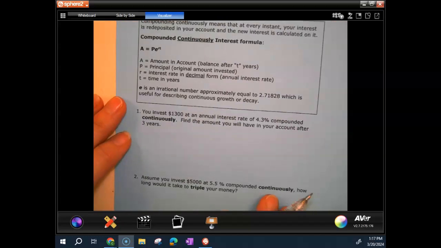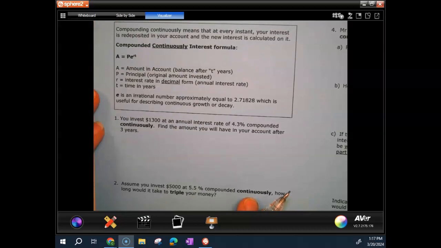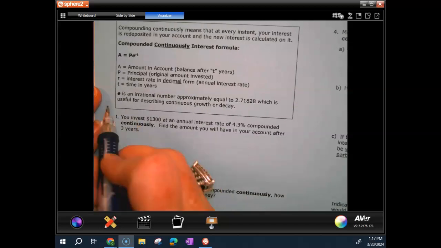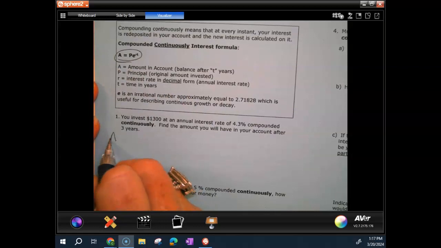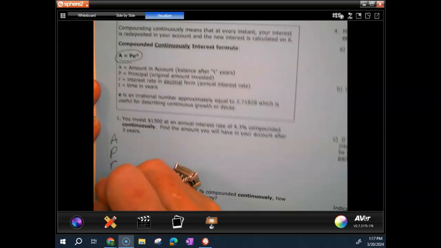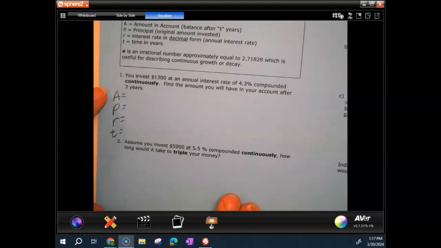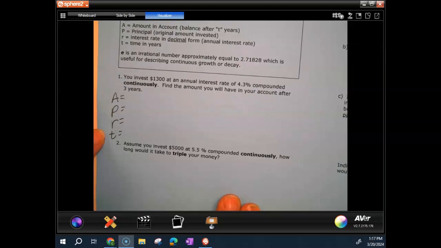So here's the deal. Nothing is going to change except we're using an E now instead of the 1 plus in the parentheses. This is the formula we'll use. And so I'm going to have A, P, R, and T this time. A is the final amount, P is the initial amount, R is the rate, and T is the time.